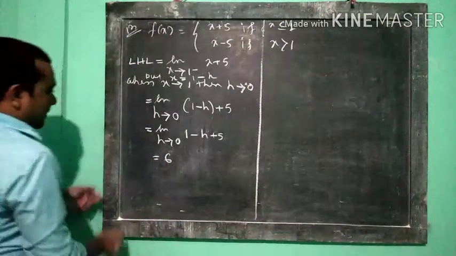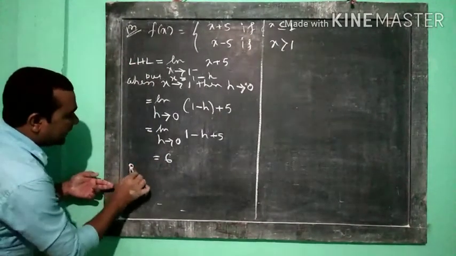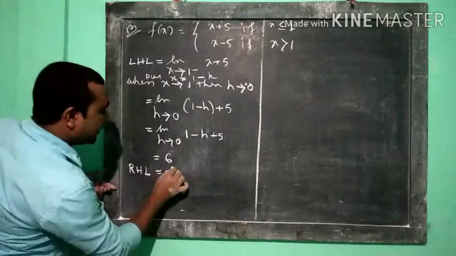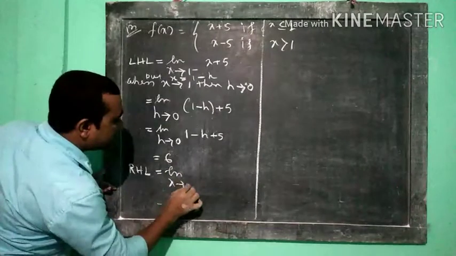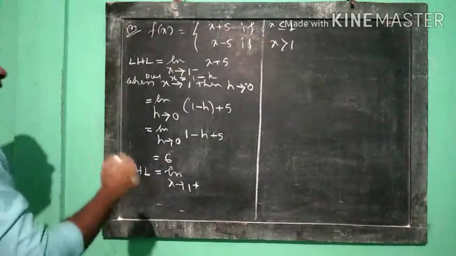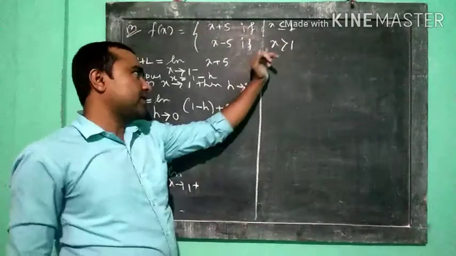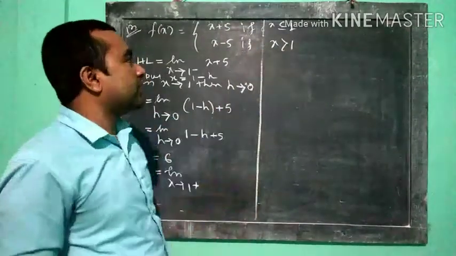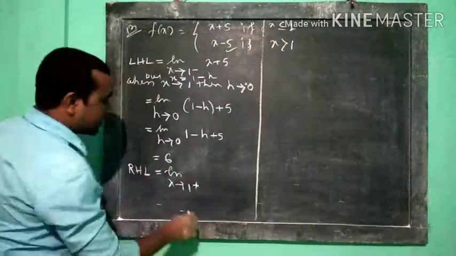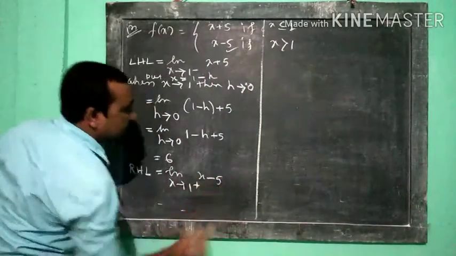6. Now we are going to find right hand limit. Right hand limit equal to limit x tends to 1 positive. So 1 positive, that means 1 plus something, it takes more than 1 value. Okay, so x is more than 1, then value is x minus 5. Right here x minus 5.